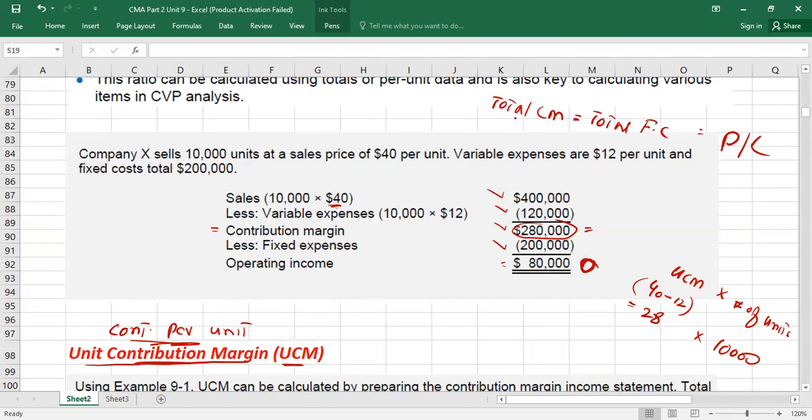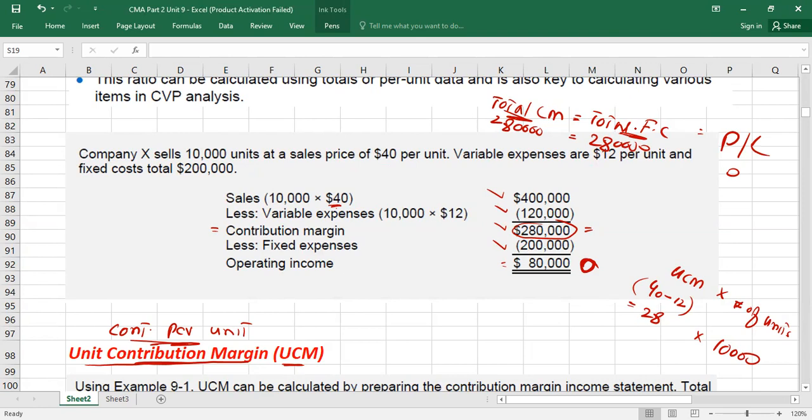For example, my total contribution is 280,000 and my total fixed cost is also 280,000. If I deduct the total fixed cost from the total contribution, I will have zero profit, zero loss. This is the first definition: the break-even point is where total contribution equals total fixed cost.